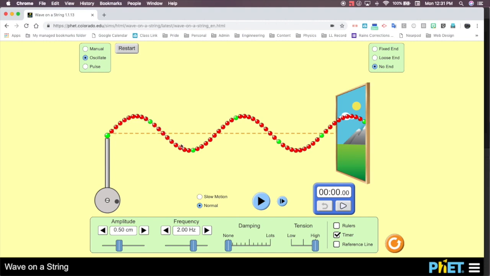There's a crest, there's a trough, and then the next identical point over here would be 1 wave. Then if I go over here and find 1 and 1, the next identical point, it took 2 waves in this 1 second amount of time. That means that the period of 1 wave is half a second.